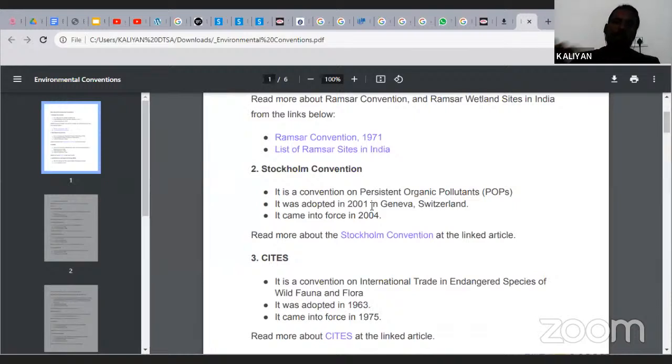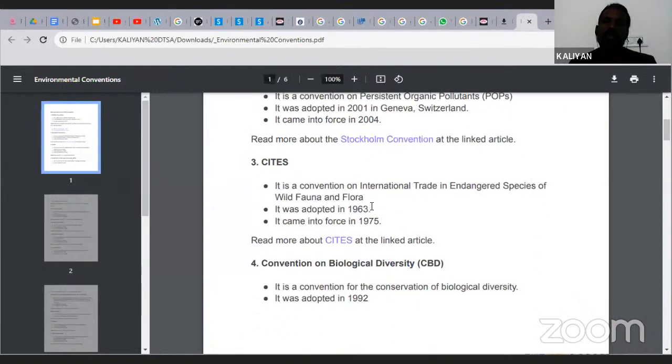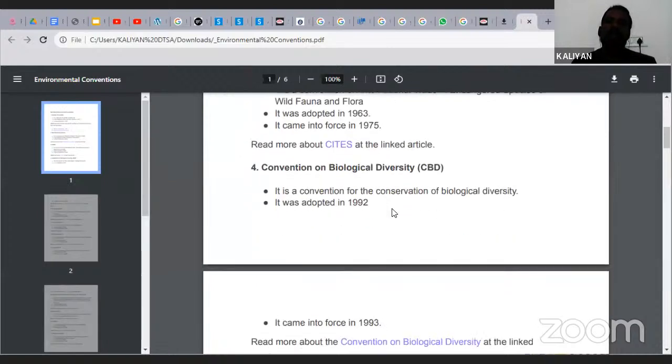We already discussed that in the Sustainable Development Goals. And CITES is the Convention on International Trade in Endangered Species of Fauna and Flora, adopted in 1963. It came into force in 1965. And the Convention on Biological Diversity is a convention for the conservation of biological diversity.